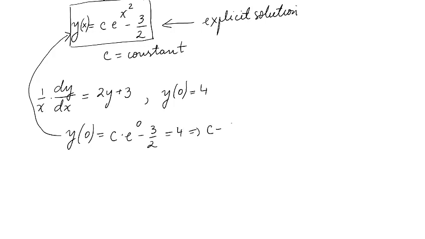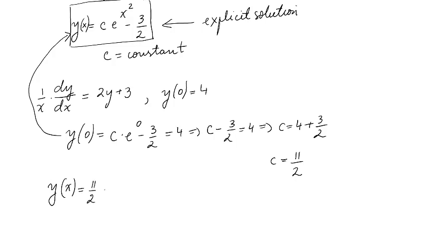So c minus 3 over 2 equals 4. C equals 4 plus 3 over 2. So c equals 11 over 2. So our final solution is 11 over 2 e to x squared minus 3 over 2, a unique solution. I hope this helps.